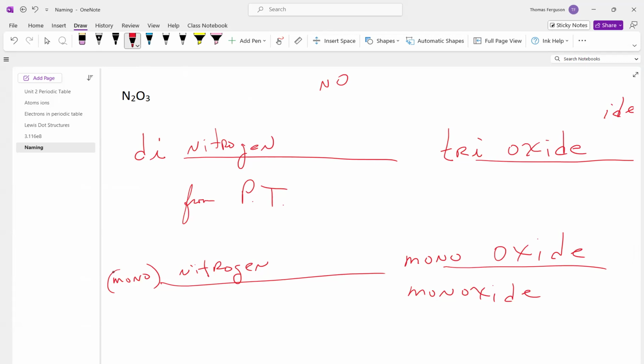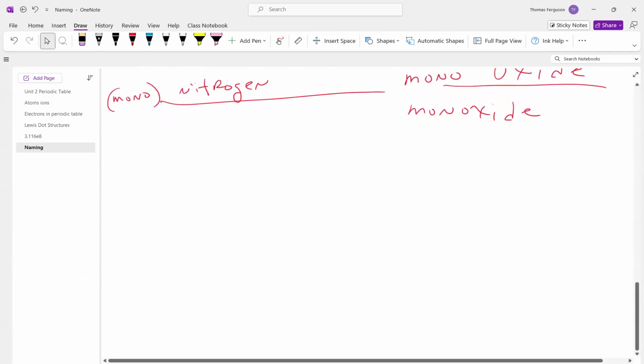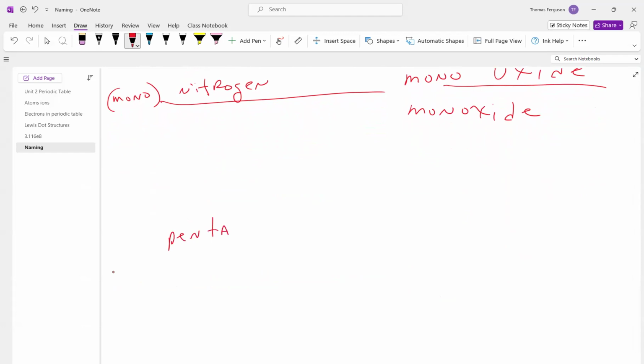So if you see that in a name, it's automatically molecular or covalent, automatic. So let's do monohydride, mononitride.